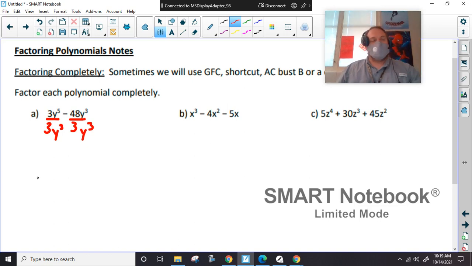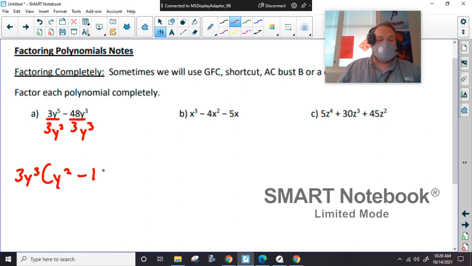Okay, now we write the GCF out here, and then we actually do the division part. So 3 divided by 3 is 1. We have 5 y's. We take 3 away, so now we have 2. So this becomes y squared. Okay, now we have 48 divided by 3, which is 16, and the y's cancel.